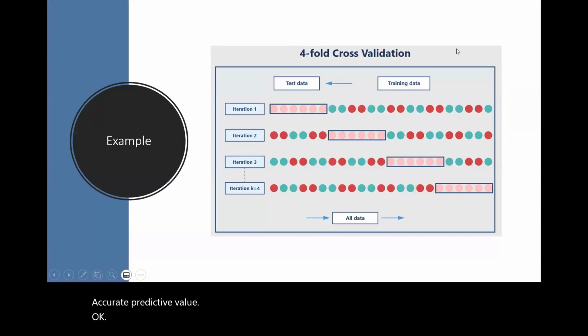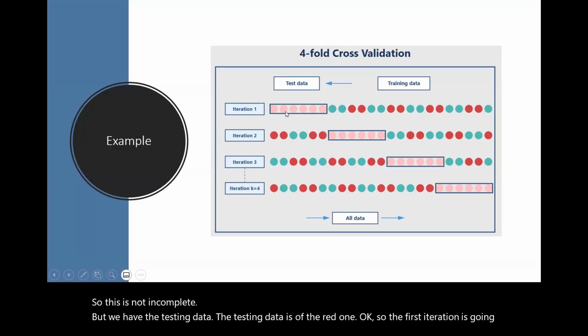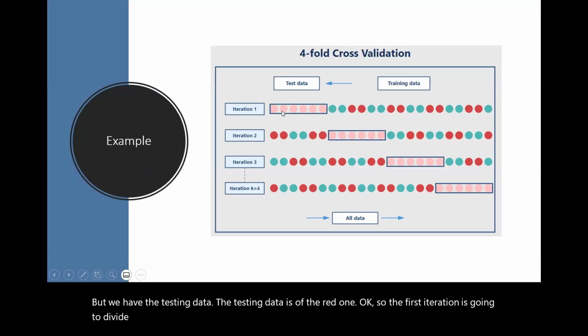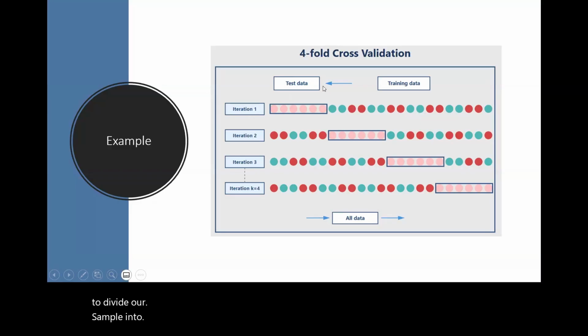For example, if we have 4 folds, the first iteration is going to divide our sample into these folds. The testing data is the red one.